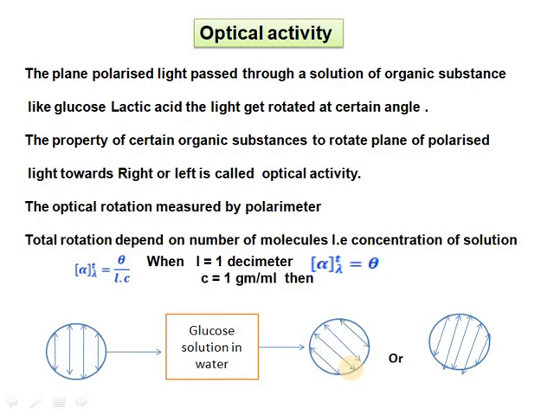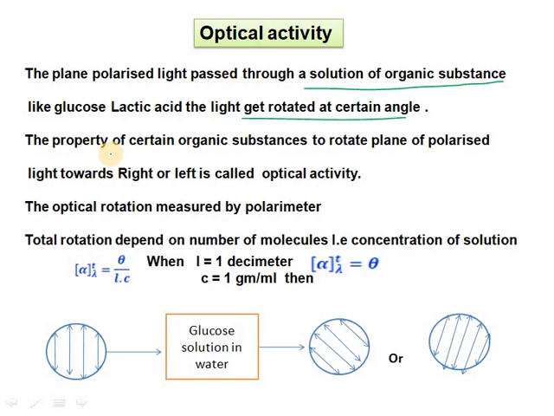Now let us see optical activity. For example, plane polarized light can be passed through a solution containing an organic substance like glucose or lactic acid. The light gets rotated through a certain angle.